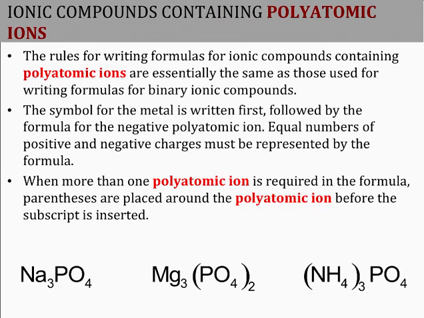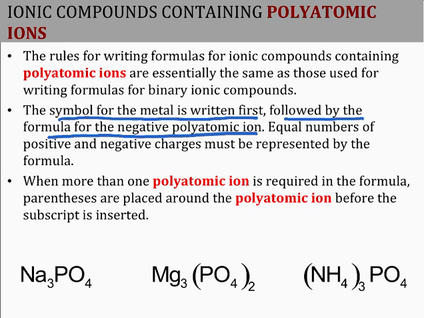So the symbol for the metal is written first, followed by the formula for the negative polyatomic ion, and then equal numbers of positive and negative charges must be represented by the formula. So very similar to what we were doing before.